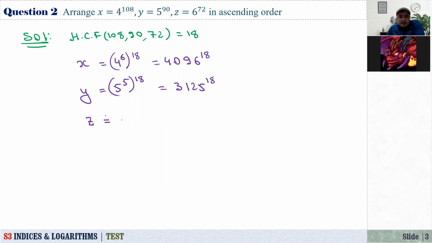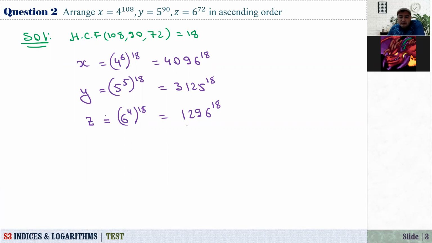So z is equal to 6 to the power of 72. We can write it as 6 to the power of 4 to the power of 18. What is 6 to the power of 4? It is 1296, so that is 1296 to the power of 18. Now all the powers are the same, we just need to compare their bases.